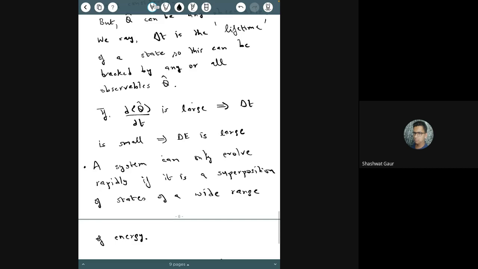If you're measuring time, you say time right now is time equal to 0, and after 2 seconds, your time is 2 seconds. It's not related to the state. So what you need to know is if your state is changing, or how fast it is changing. And to know how fast a state is changing, you need to find out some property of the state. So that is the difference between dQ dt and delta t.